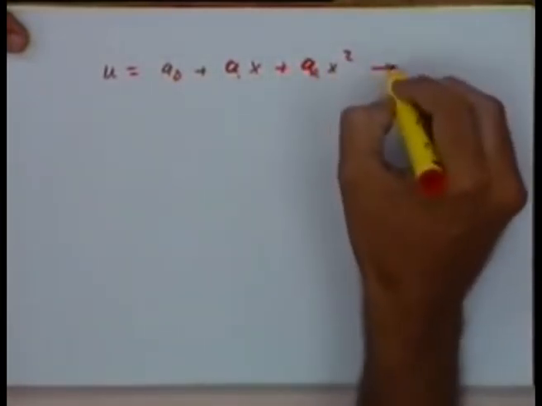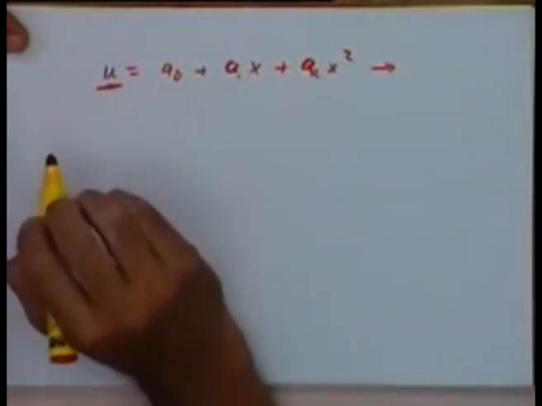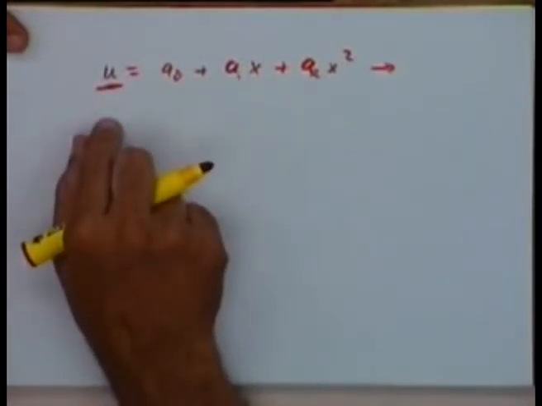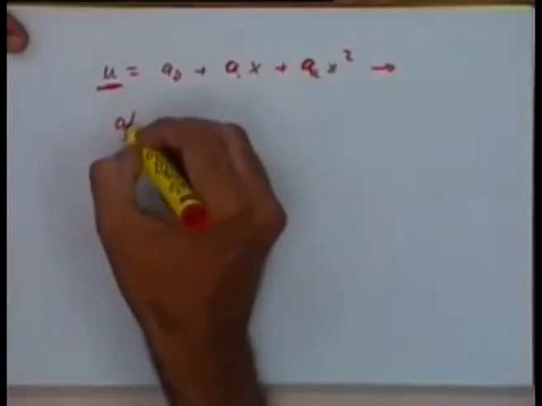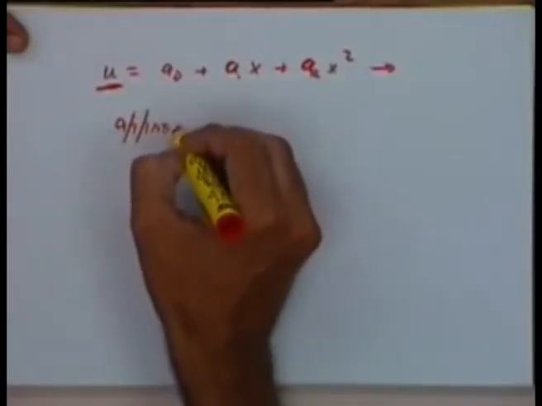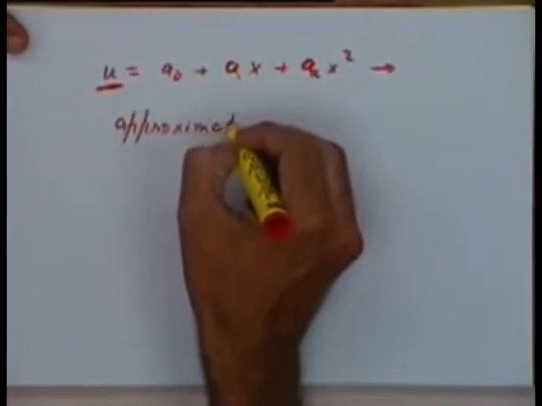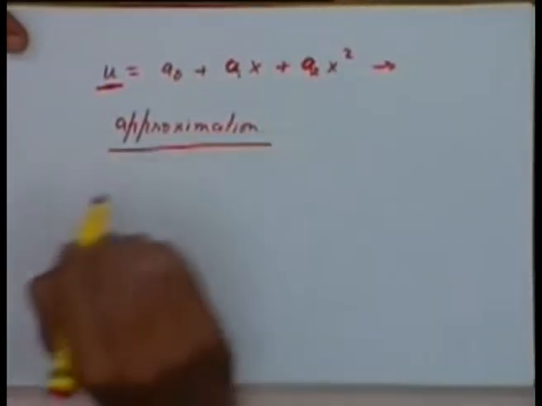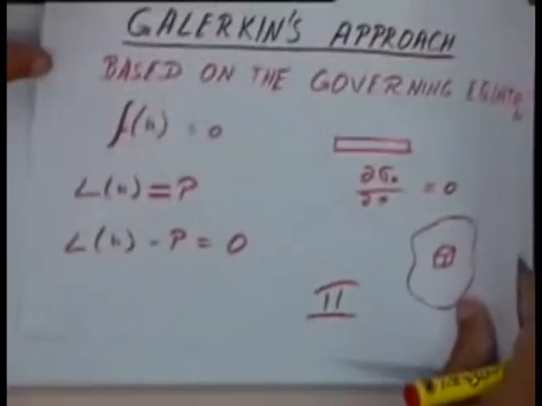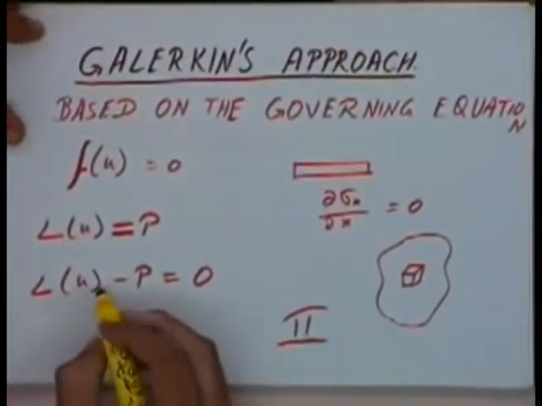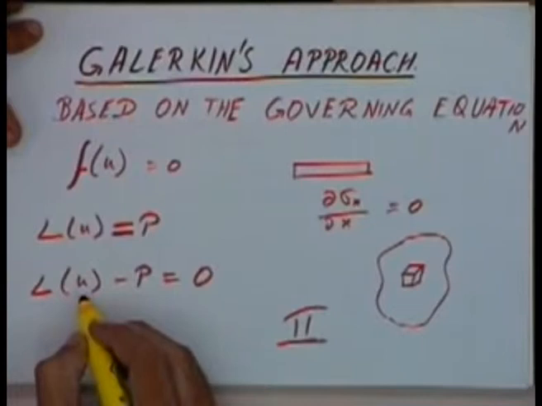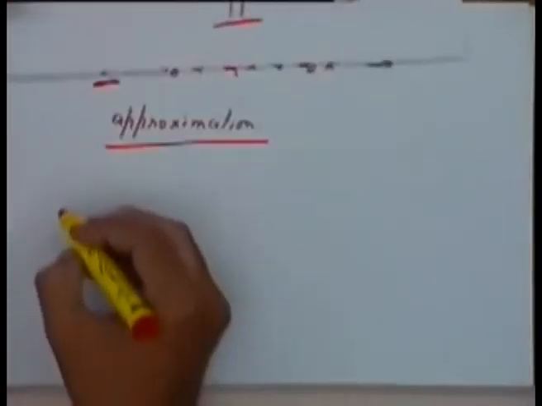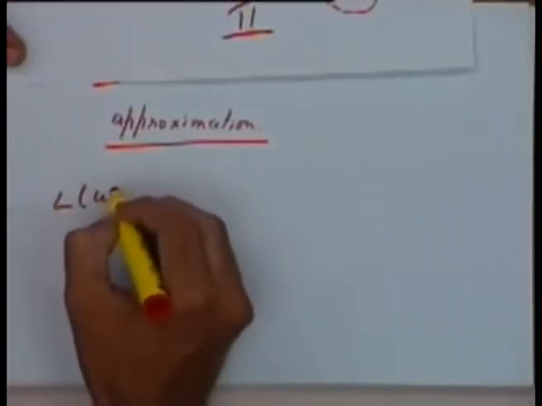Now, this expression for u is not the actual deformation, but is an estimate of the deformation, or an approximation. If we use this approximation in this equation, that means instead of the actual deformation we use the approximation, we will get, let us say, L of u bar.